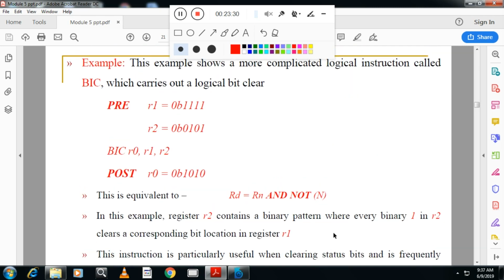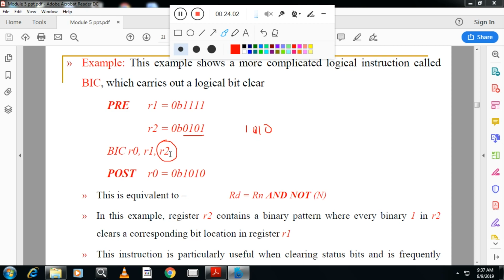Next one is logical bit clear. What will it do? It will first do a NOT operation, then it will do an AND operation. So first we take the NOT operation of R2. What is the NOT operation of R2? This is C, which indicates it is in binary. NOT of R2 is 1010.